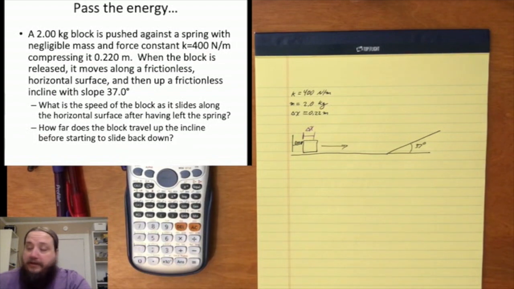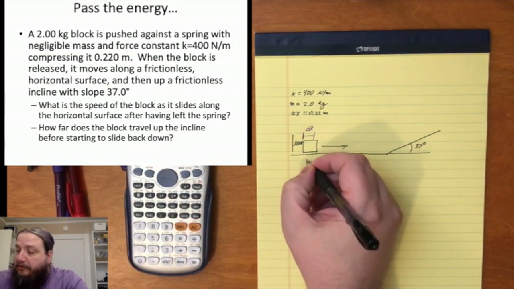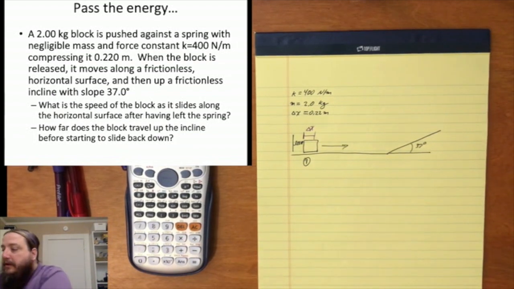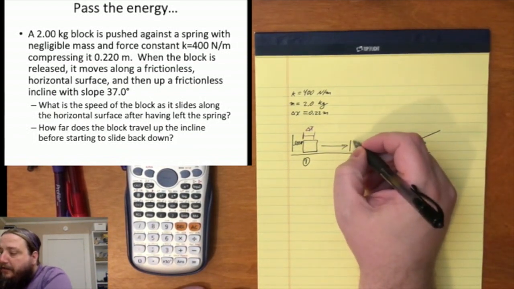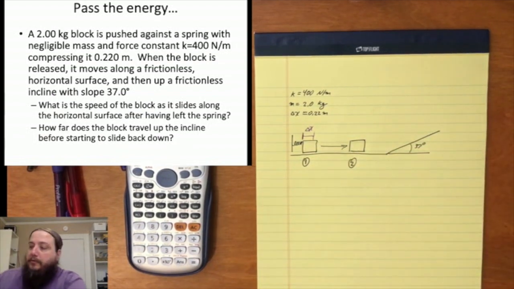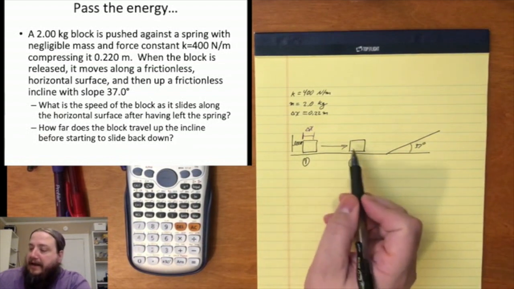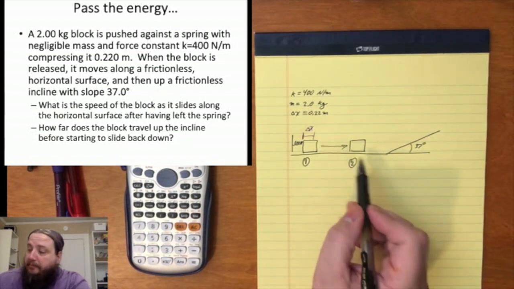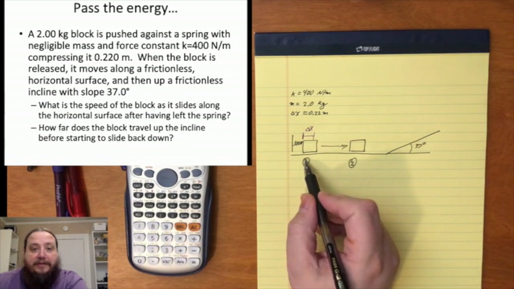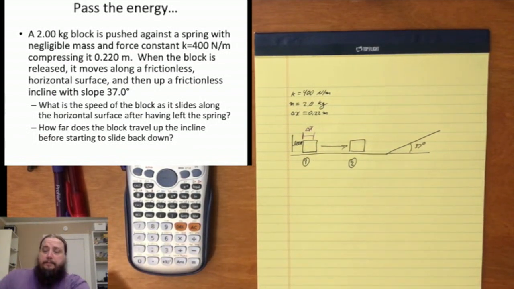So one obvious position would be this first moment, moment one, when the spring is fully compressed and the box is in motion. And then we might think about some moment two, after the spring has relaxed and the box has left the spring and it's just sliding horizontally along the surface, hasn't yet reached the ramp, but it isn't being accelerated by the spring.